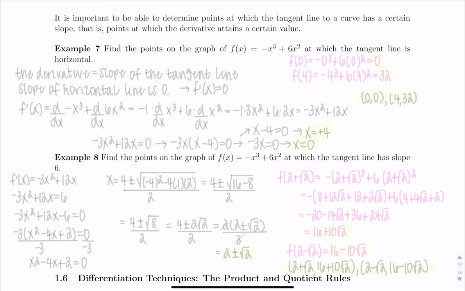So let's recall that the derivative is the slope of the tangent line, and the slope of a horizontal line is 0.